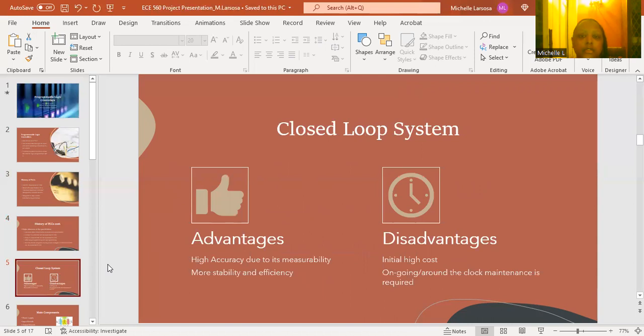The PLCs that I was studying for my research are closed loop systems. Open loop systems can also be implemented for PLCs, but for the purposes of auto factories and for systems that are supposed to be able to maintain themselves on an ongoing basis, those would be more closed loop systems.